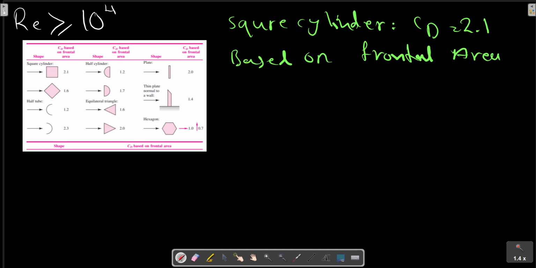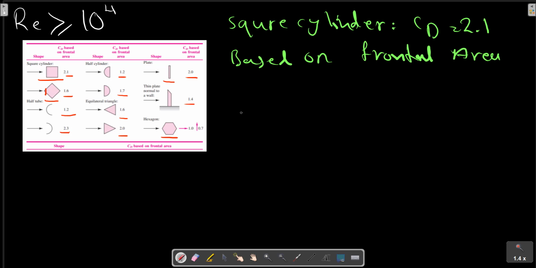Other shapes are also available in this table. The square cylinder is of two types, from the side and from the angle. The various drag coefficients are obtained, and also for semicircles, semicircles area, triangles, into front area, plate normal, thin plate normal to wall, and hexagon are also available.